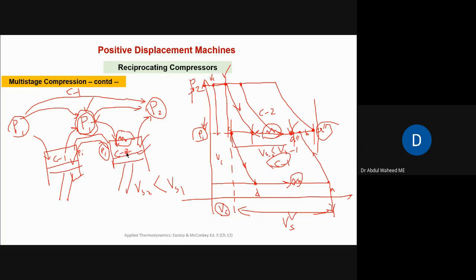So this volume should be smaller than this one. This volume should be same as the volume at which it is leaving the first stage compressor. Volume तो drop नहीं होना चाहिए. उसी volume पे it should enter, and then it should compress from that volume onwards to the desired volume corresponding to this new pressure.